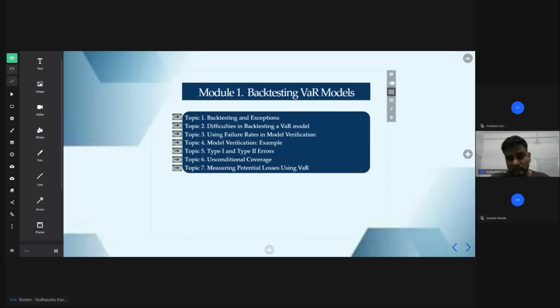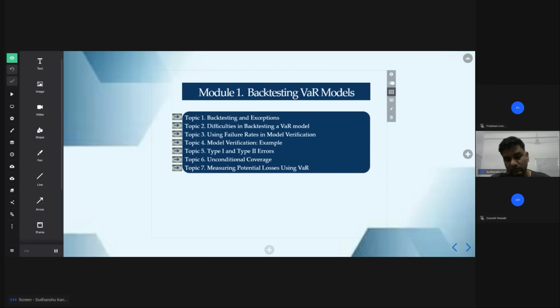We will try to understand unconditional coverage, which means we'll focus on the number of exceptions. We'll look at conditional coverage, which will focus on the pattern of exceptions, whether they are independent or not. That will go in module 2. And then we'll focus on the Basel rule, where we'll talk about what exactly the regulator does, right?